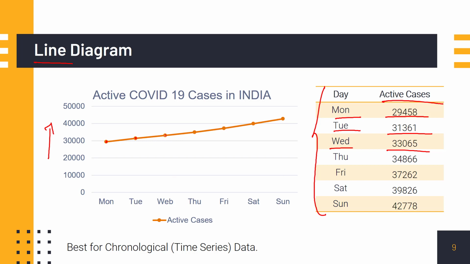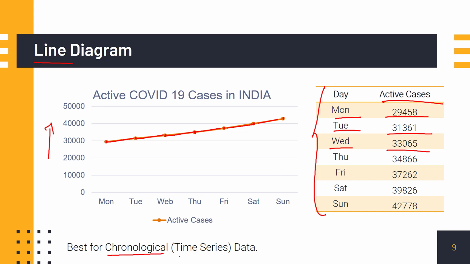So initially we will plot these dots, right? First we will plot the dots, then we will join these dots using a straight line, right? So that is called a line diagram. Now in which case do we use line diagrams? Line diagrams are best for chronological data.